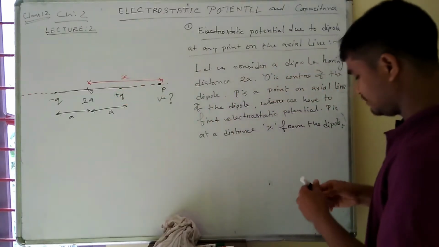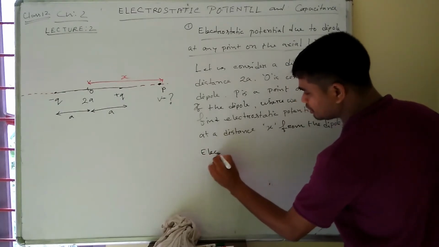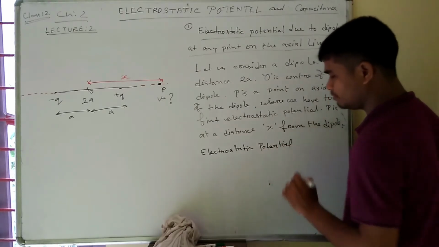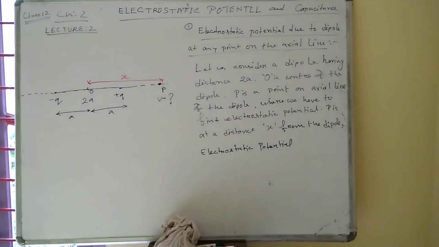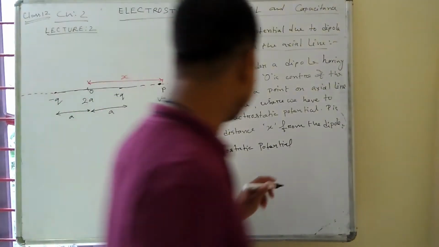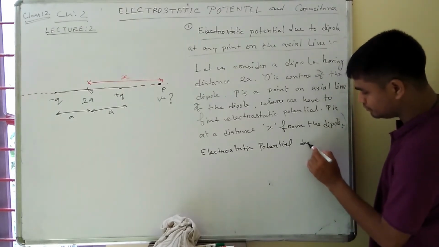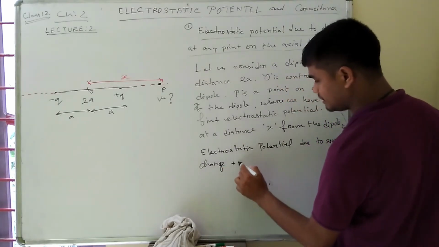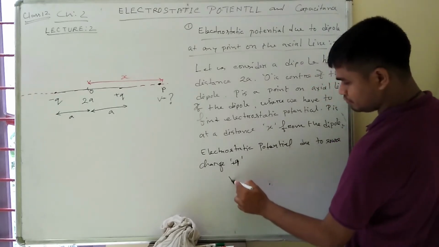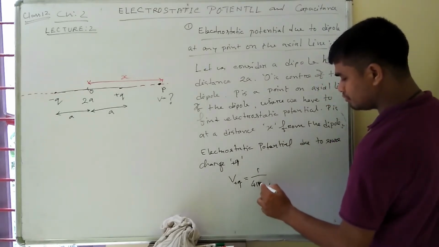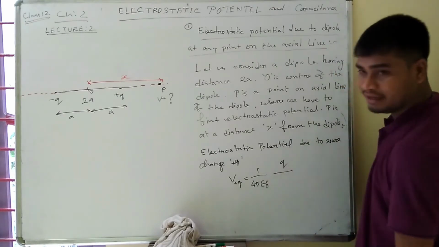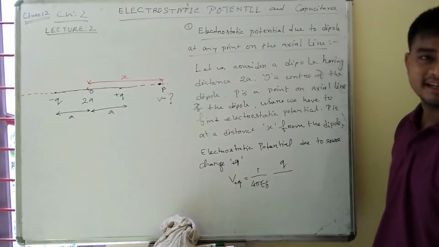Clear? So at first we can write the electrostatic potential due to source charge plus Q: V plus Q is equal to 1 by 4 pi epsilon naught, Q by the distance between the test charge and source charge.